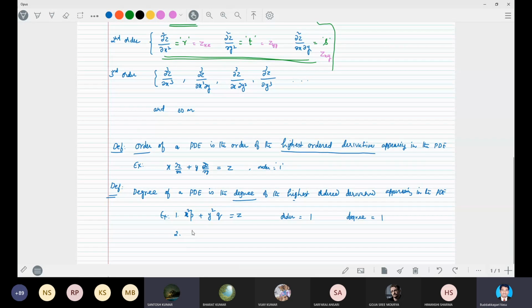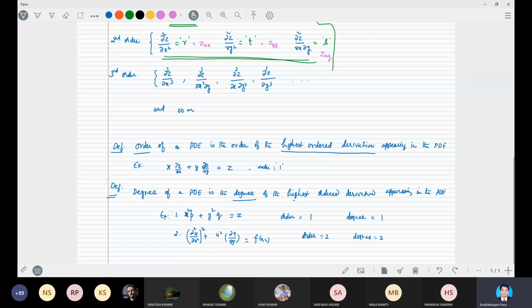Another example: dou square u by dou x square whole square plus u square into dou u by dou y is equal to f of x comma y. Then what is the order and what is the degree? Order is equal to 2, degree also 2.